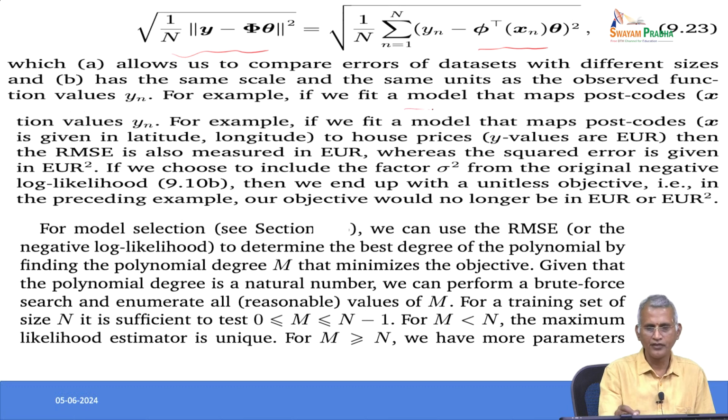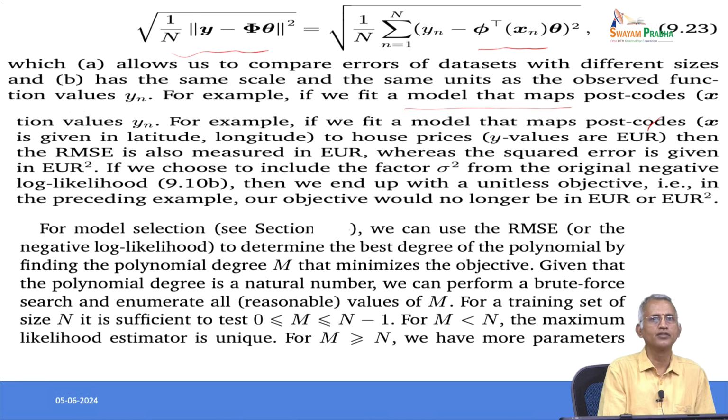For example, if you fit a model that maps postcode x, given as latitude and longitude, to house prices y, with values in EUR, then the RMSE is also measured in EUR, whereas the squared error is given in EUR square.